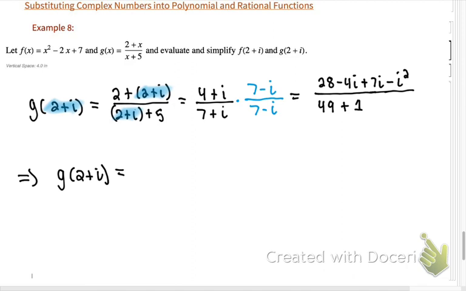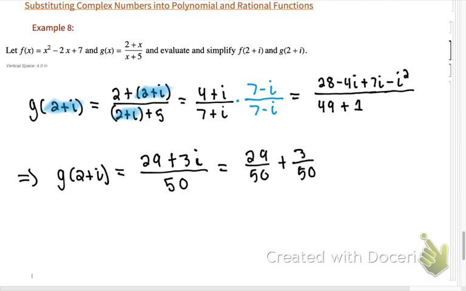So after rewriting i squared as negative 1, and we're taking the negative of that, you guys can verify that 28 minus i squared becomes 29, and minus 4i plus 7i is going to become a 3i, and in the bottom, 49 plus 1 is going to give us 50, and then splitting up fractions is going to give us 29 over 50 plus 3 over 50 times i, and there is our complex number output, where we use the function g of x to input the number 2 plus i.